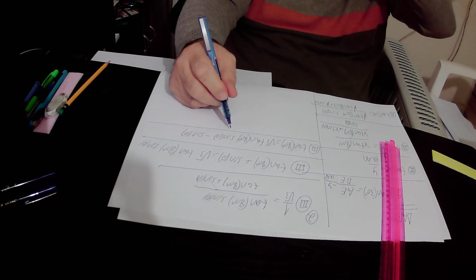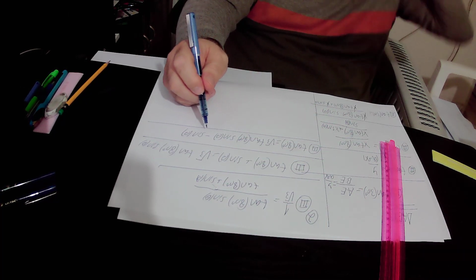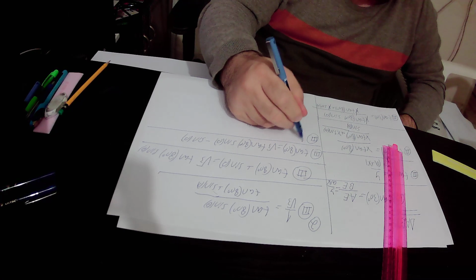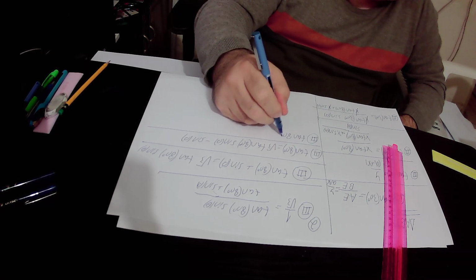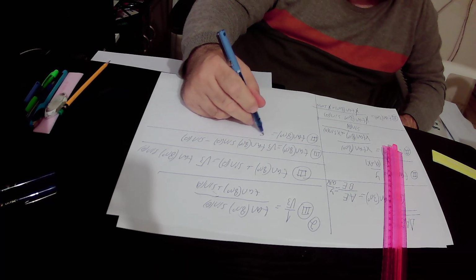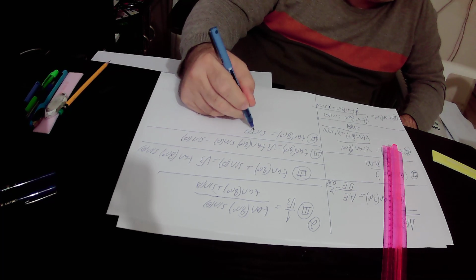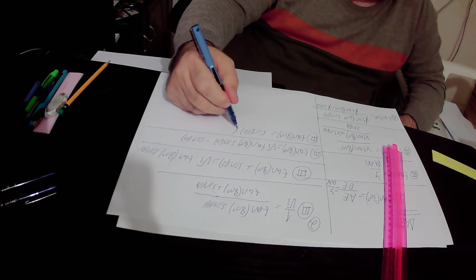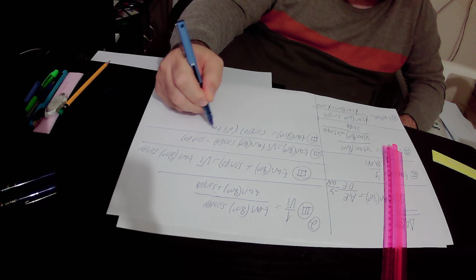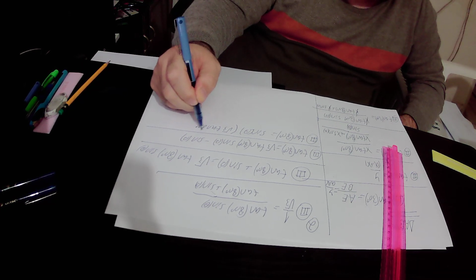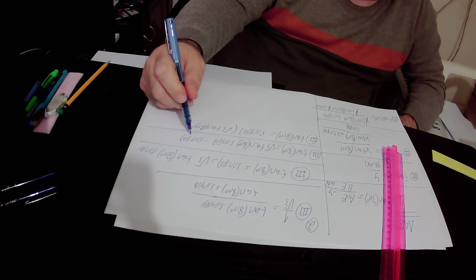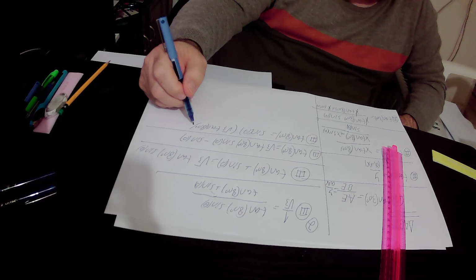We will get that tangent 80 degrees equals sine theta times, inside the brackets, square root of 3 tangent 80 degrees minus 1.